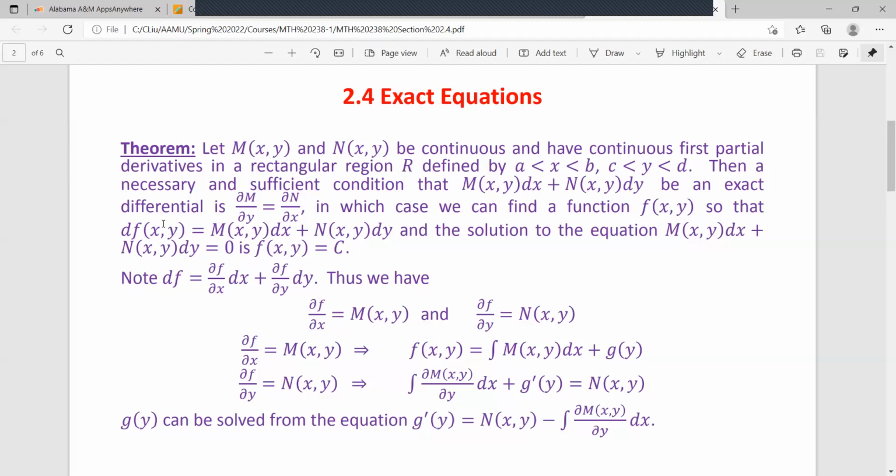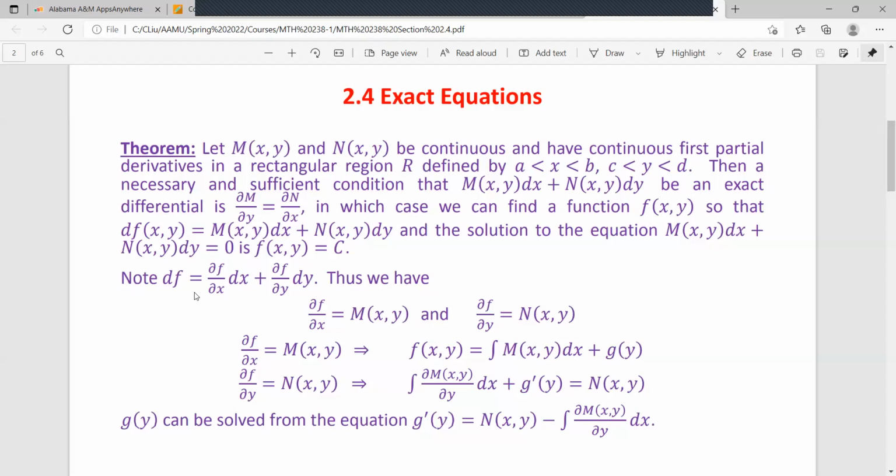You can find this function f so that df equals M dx plus N dy, but it doesn't tell you how to find f. Okay, so the following procedures are the steps to find this f, or to solve this equation, in detail.